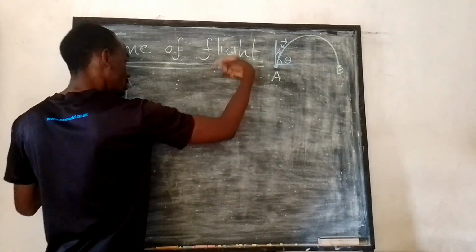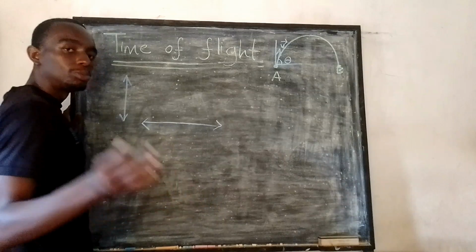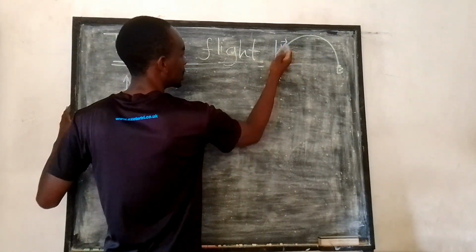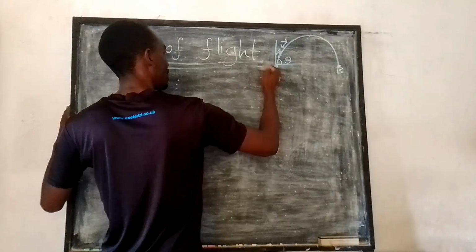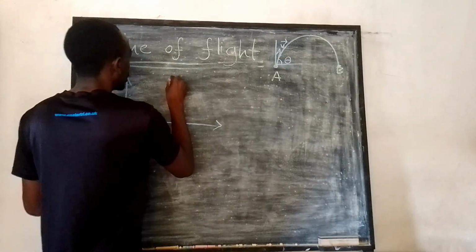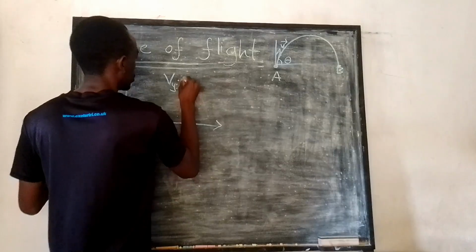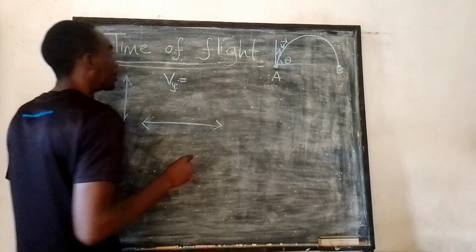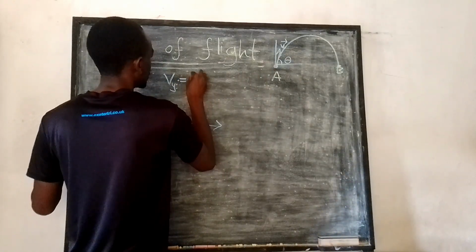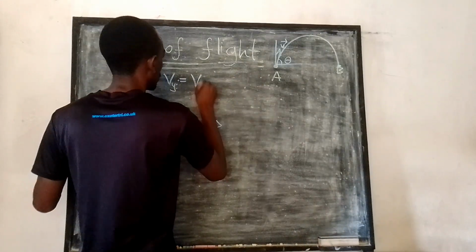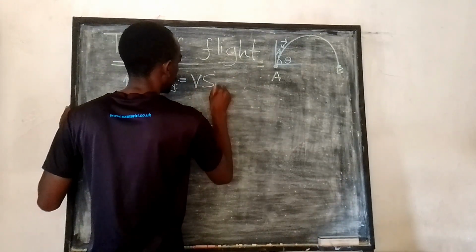Now, the vertical component, if you remember, I'm going to be using the shortcut we mentioned in the previous video. The velocity in this case would be v sine theta. So, let's call this vy, the velocity associated with the vertical component.